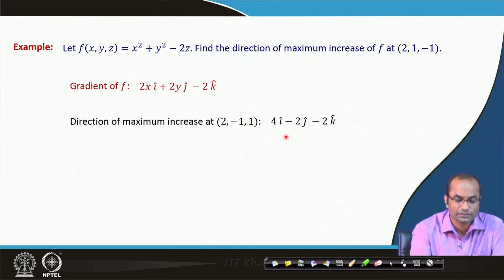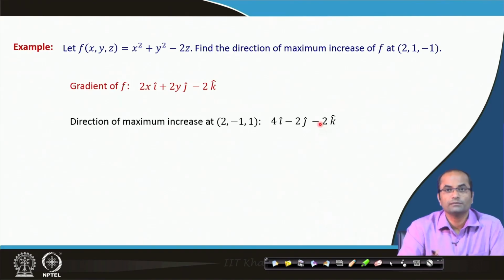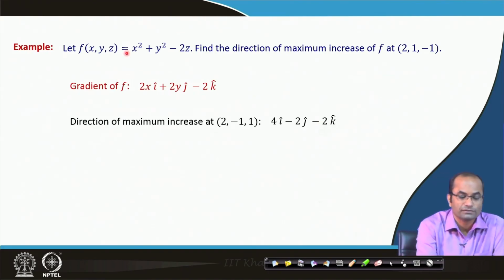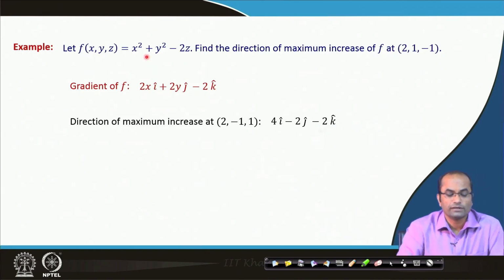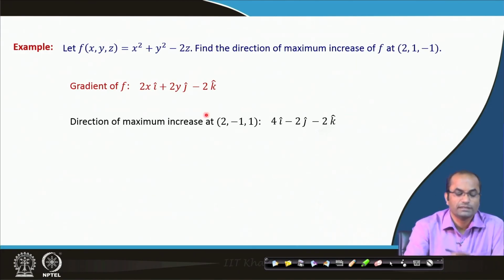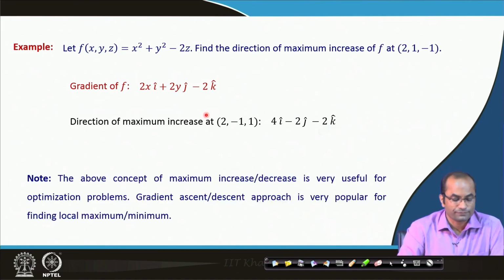So, this is the direction of maximum increase of this function. If our interest is in which direction this function increases most rapidly, that will be the direction given by this gradient of f.